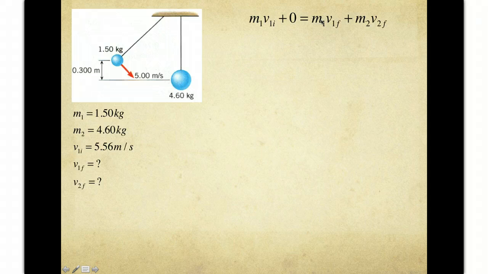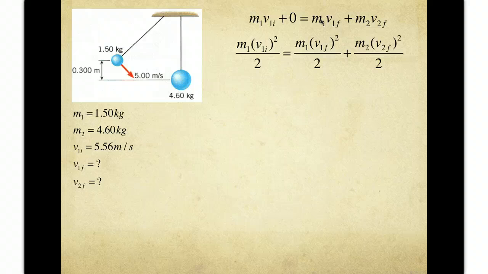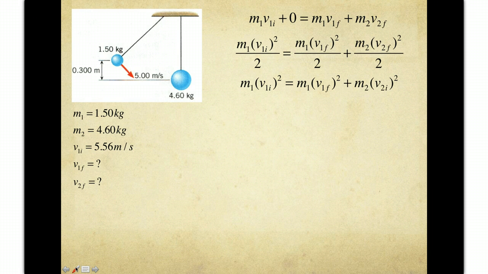Since we have one equation with two variables, we need to bring up the second equation, for conservation of kinetic energy. If you have looked at a previous problem like this, you hopefully remember that we got rid of the one half. The second, what I'm doing is rearranging.